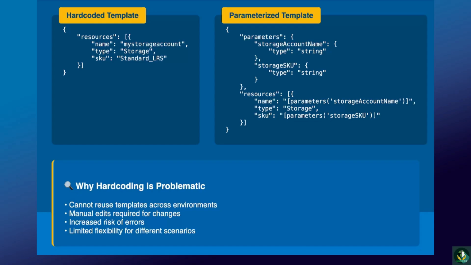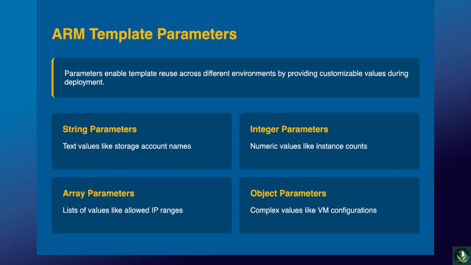Now, to solve this, ARM templates allow you to define parameters. Parameters are inputs that can be provided at deployment time. So ARM template parameters allow you to customize your deployments by providing environment-specific values. This flexibility ensures that the same template can be reused across different environments, such as development, test, and production, by simply adjusting the input values.